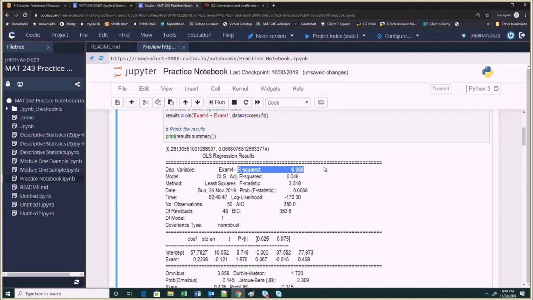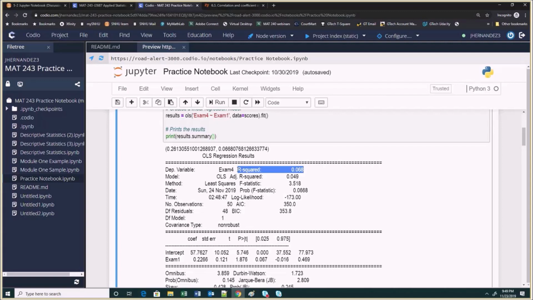0.068. So remember, we wanted this value to be high. We want a lot of the variation in the dependent variable to be predicted by the model using the independent variable. Well, in this case, we only have 6.8% of the variation in the dependent variable getting explained by the model that uses the independent variable exam 1.